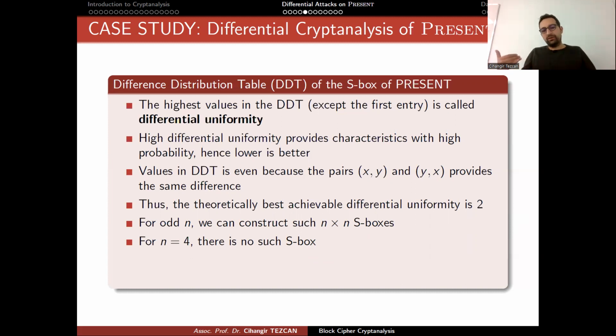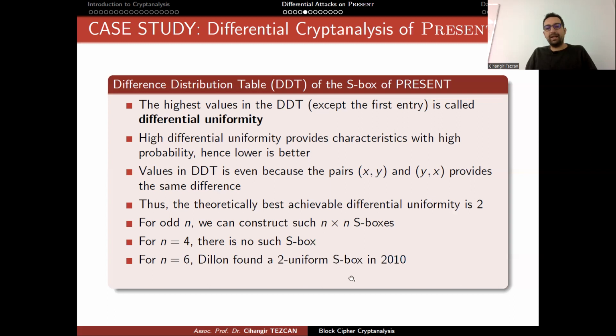For a long time, this gave the impression that for even-sized S boxes, maybe there are no 2-uniform S boxes. For instance, AES uses an 8 by 8 S box, so n equals 8 there. The AES S box is one of the best S boxes we have in practice, and it has differential uniformity 4. So this gave the idea that since we cannot find a good S box in terms of differential uniformity, maybe when n is even, there is no such S box.